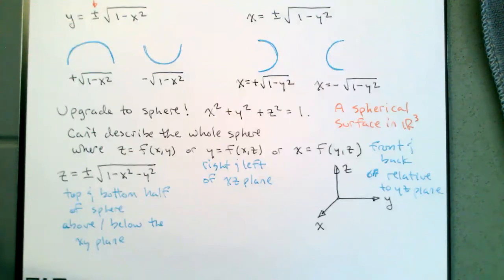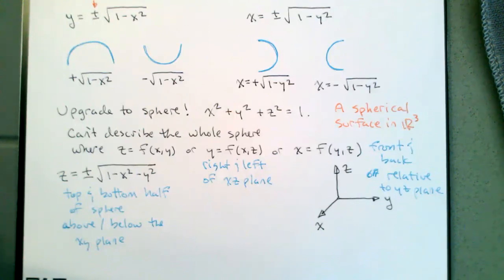When you start seeing things like square root of 1 minus x squared or square root of 1 minus x squared minus y squared, you want to start thinking of halves of circles or halves of spheres. And remember, the sphere is the shell of the sphere, not all the stuff inside.